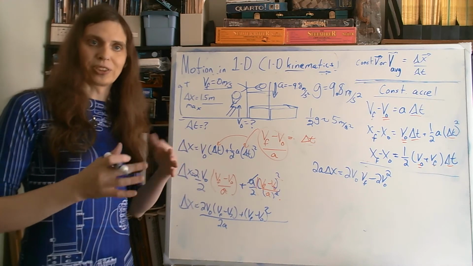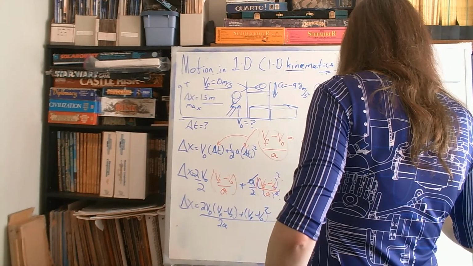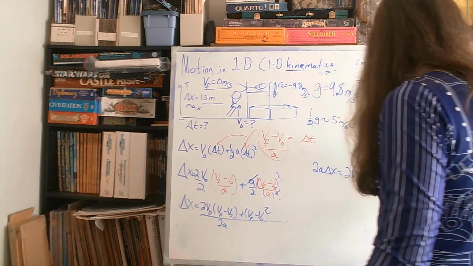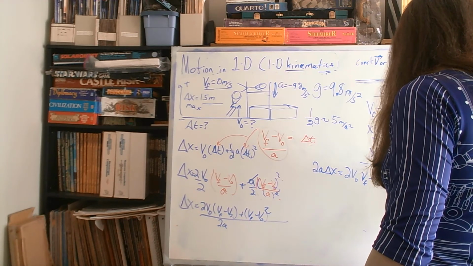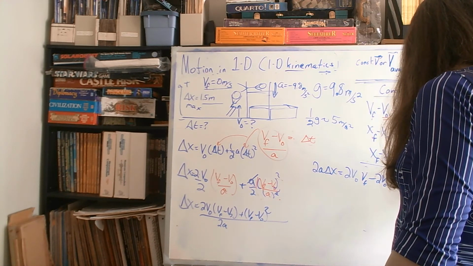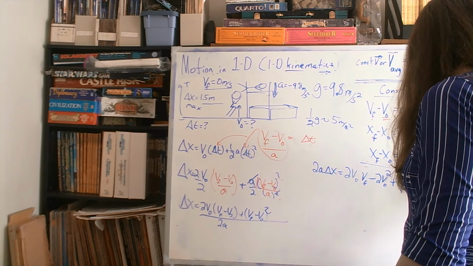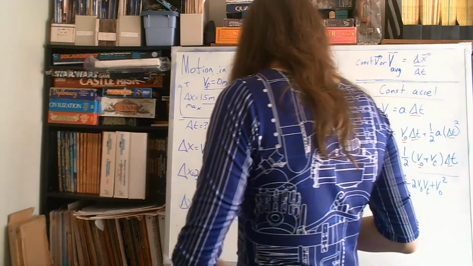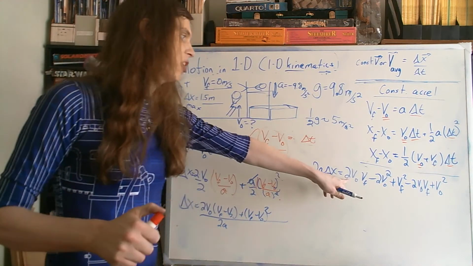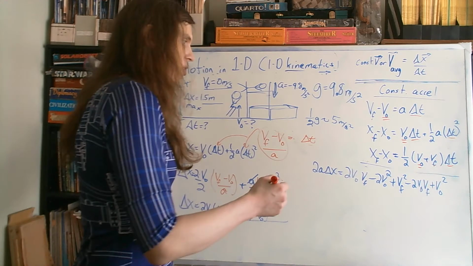Algebra, you know that there's the FOIL method there. We can find out that's going to be the first term squared, v final squared, minus 2 times the product of each term, v0, v final, plus the second term squared. And we see that the terms that combine v0 and v final, we have positive 2v0 v final and a negative 2v0 v final.